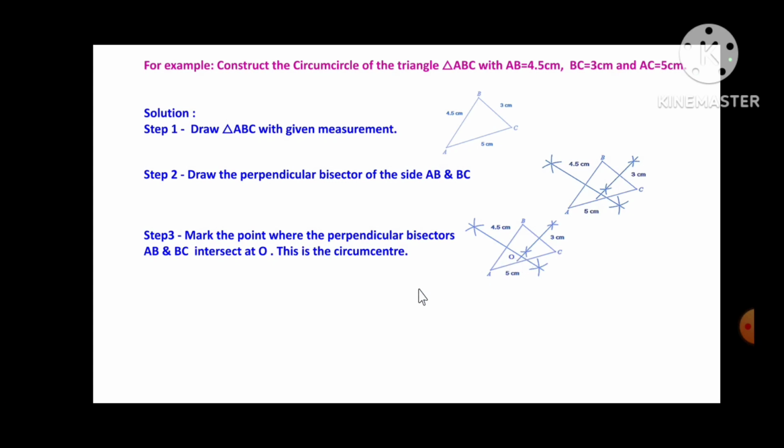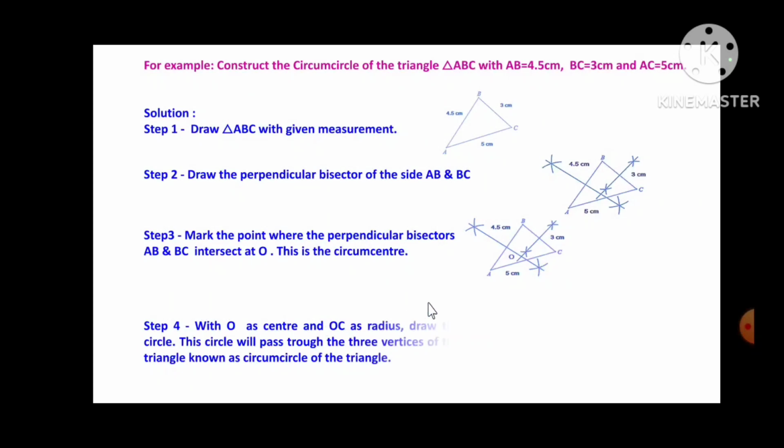This is the circumcenter. Now the last step: with O as the center and OC, shown here in red, as the radius, draw the circle. The circle will pass through the three vertices of the triangle and is known as the circumcircle of the given triangle. You can draw any triangle of any measure and practice these figures.